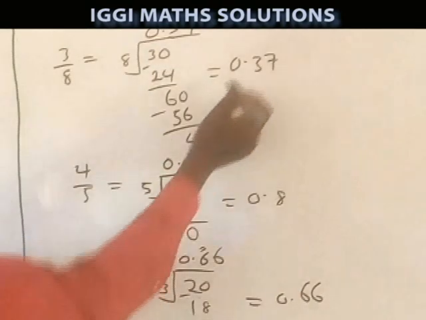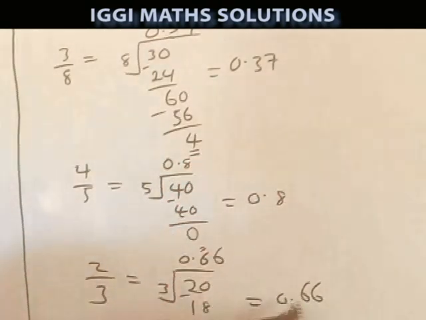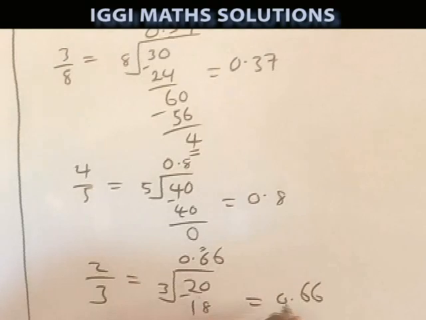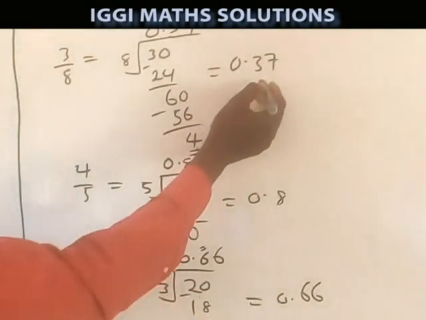By looking at these decimal numbers, we can know which one is the largest: 0.37, 0.8 or 0.66. The largest one is 0.8, followed by 0.66, followed by 0.37, and the smallest one is the reverse.